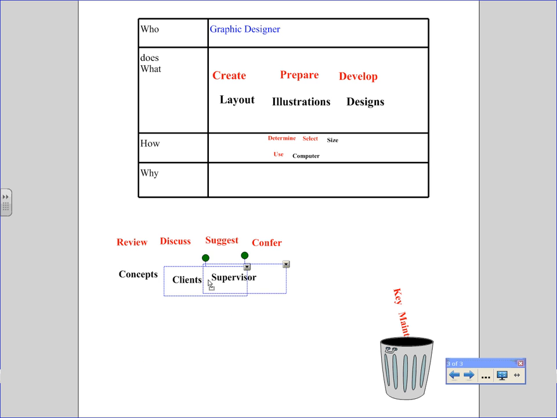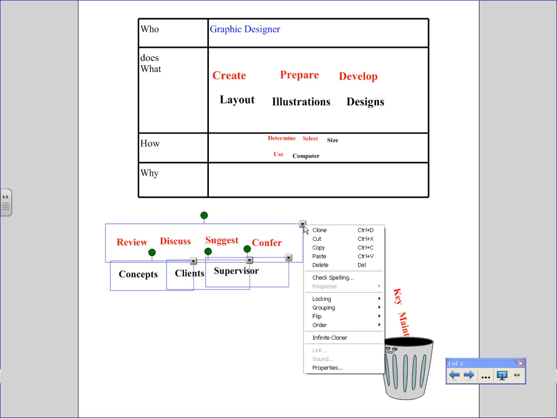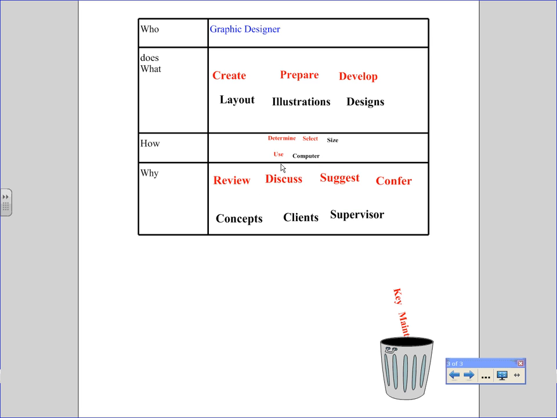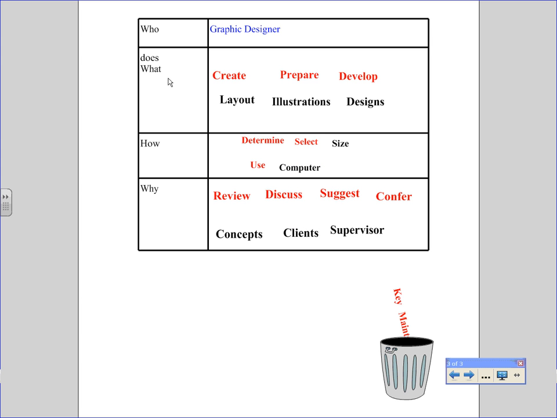With whom? The clients and supervisors. So I'm going to put the words in this order. And then I'm going to paste them here under the why. Remember that your summary is going to try to tell your reader who does what, how, and why for that particular job.